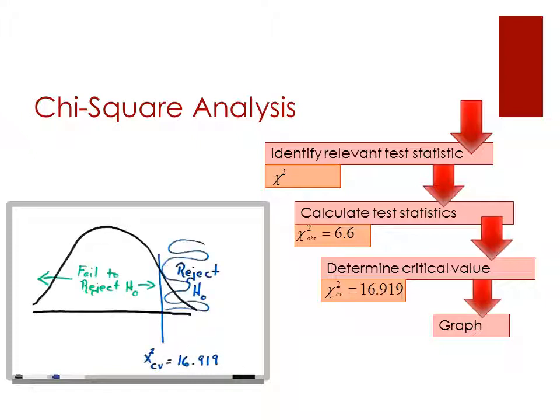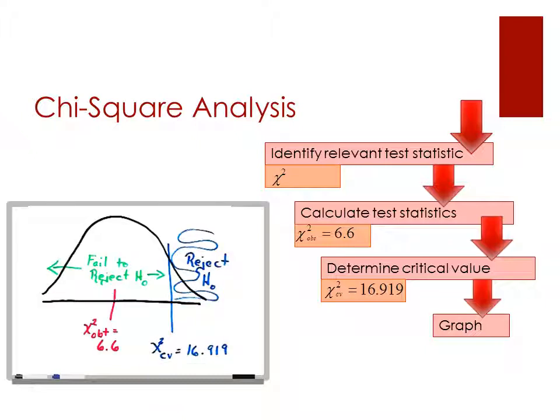The rejection region is going to be to the right, and the fail to reject is going to be to the left. So now I need to plot my chi-squared obtained value of 6.6. Is that going to be to the left of my chi-squared critical value or to the right of it? Well, it's going to be to the left. So here's my chi-squared obtained equaling 6.6.